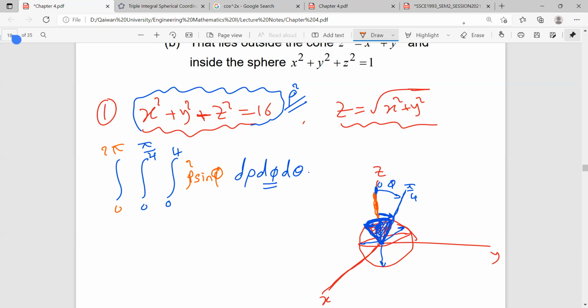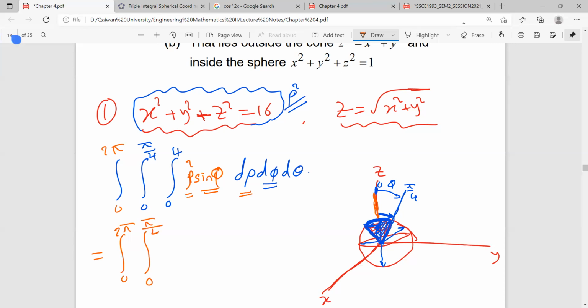Now we take the integration of the function with respect to rho. Here we have rho squared sine phi. Sine phi here is a constant, and the integration of rho squared is rho to the power 3 over 3. We take the first integration with respect to rho, and then the second integration with respect to phi.